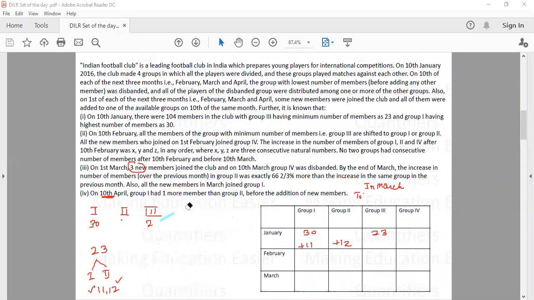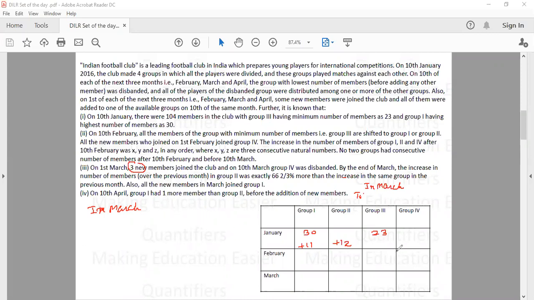So let us say in March, means after 10th of March, how many members were there in total?